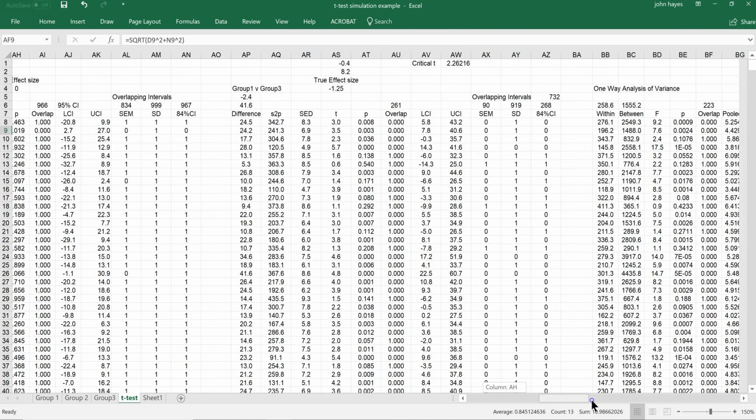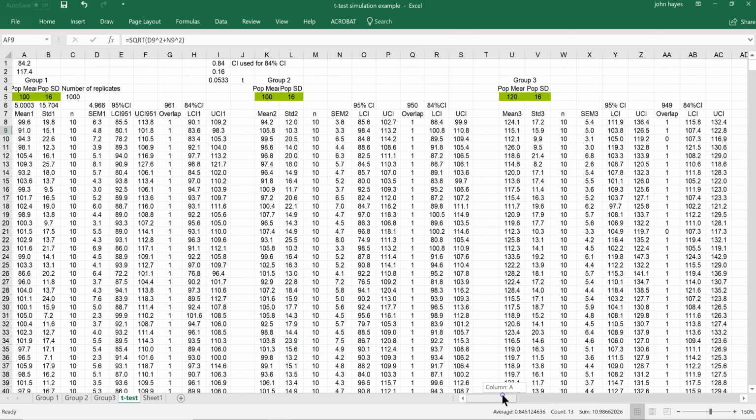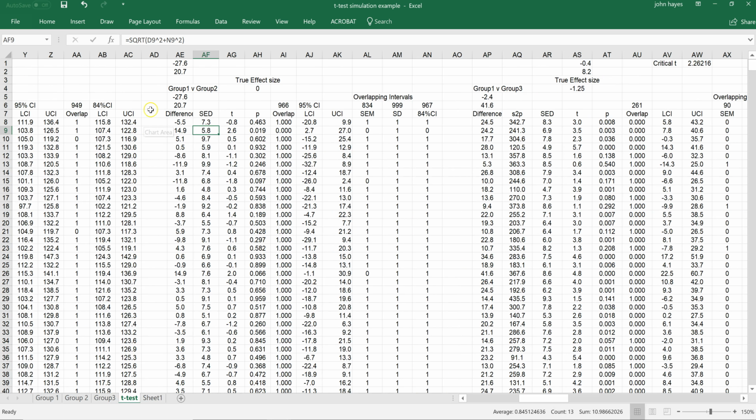And so when we divide the difference, minus 5.5, divided by 7.3, you get a t of minus 0.8, and the p is 0.463. Now that p-value means that the probability of getting a t of this value or greater is 4.63.